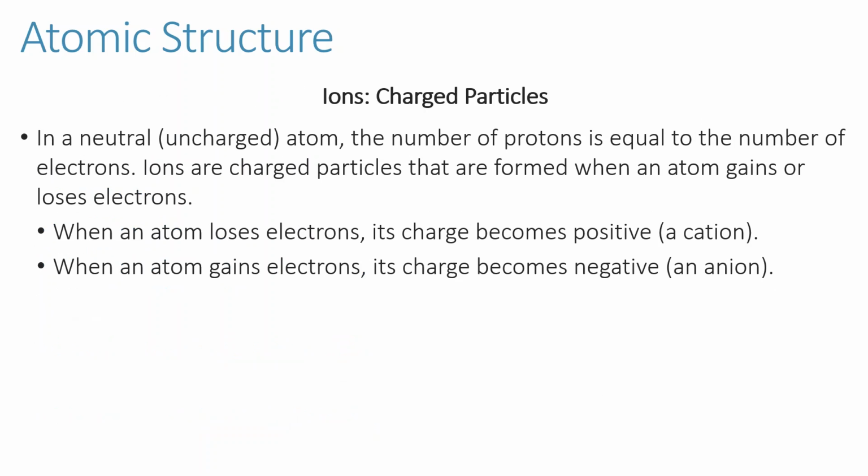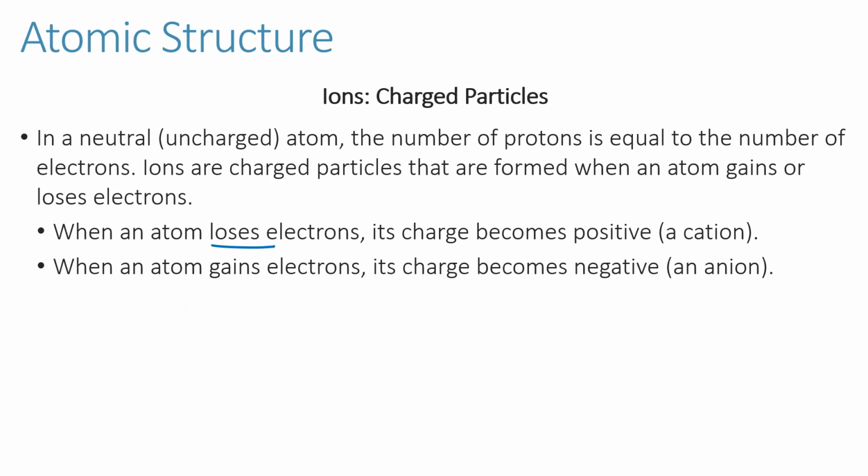Ions are charged particles. So in a neutral atom, the number of protons is equal to the number of electrons. Ions are charged particles that are formed when an atom gains or loses electrons. So if we lose electrons, remember that electrons have a negative charge.